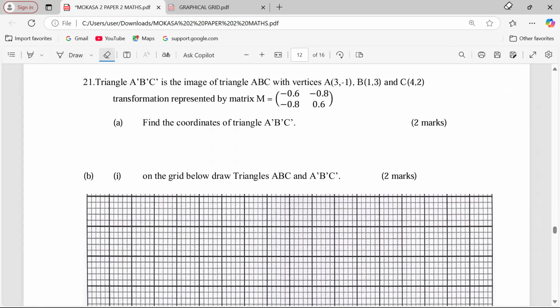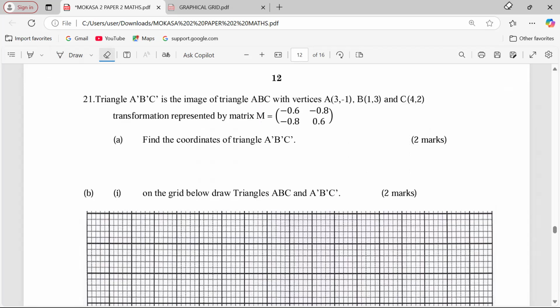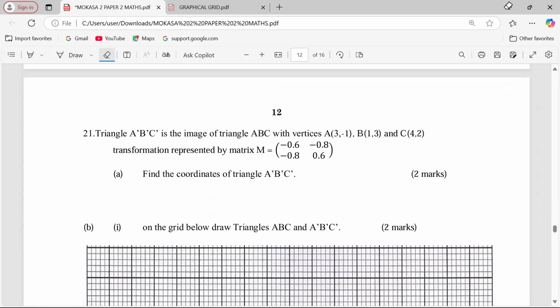The first thing we are asked to find is the coordinates of triangle A prime, B prime, C prime.